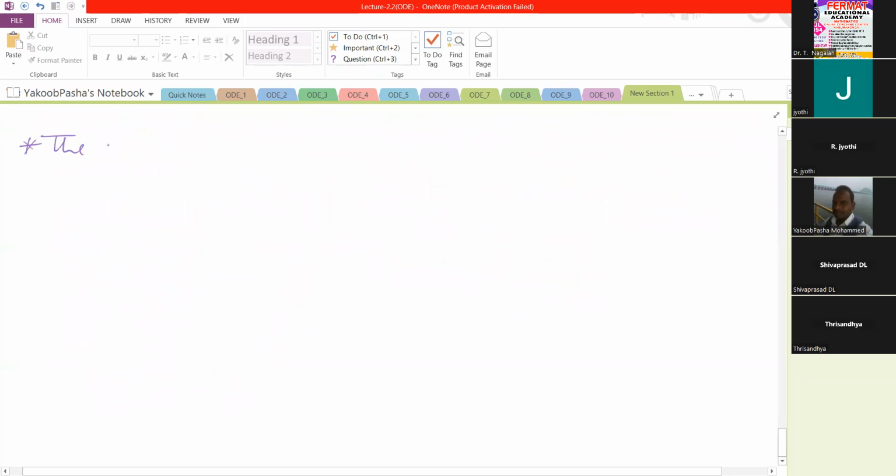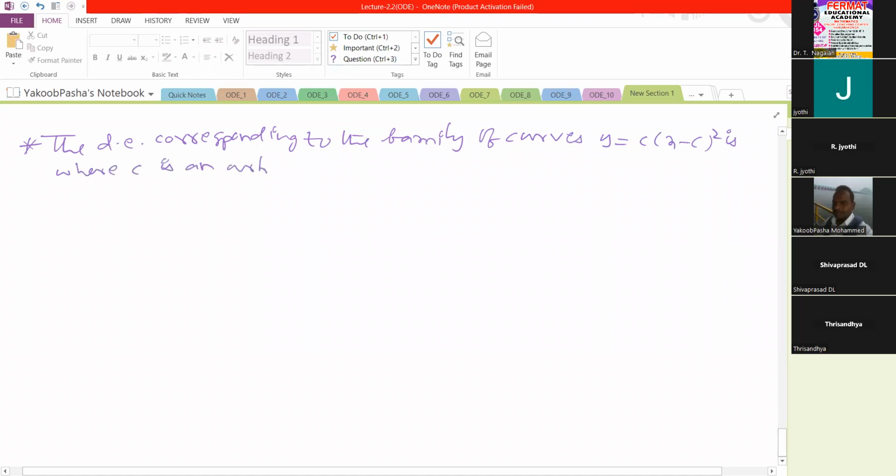The differential equation corresponding to the family of curves y is equal to c into x minus c whole square, where c is an arbitrary constant. Here we have only one arbitrary constant, but it is two times. Okay, it is a DL question.